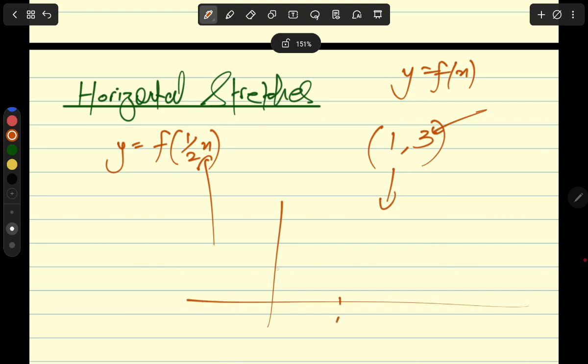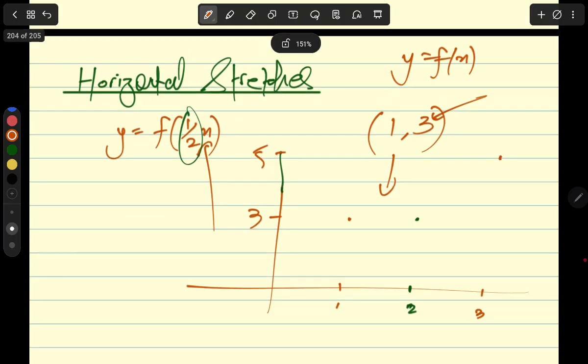So if this point was (1, 3), now when the stretch factor is half, the graph is going to come here. So this point is going to come here. If there was another point at, let's say, (3, 5), in order to get the same output of 5, I need to take a value of 6, because 6 is going to get halved here to give me a 3.